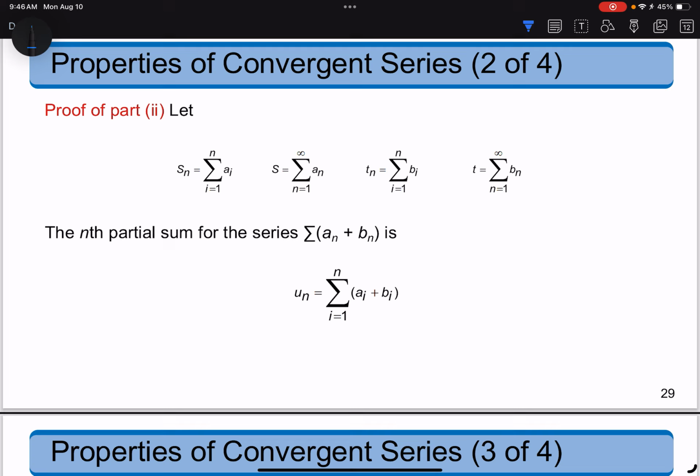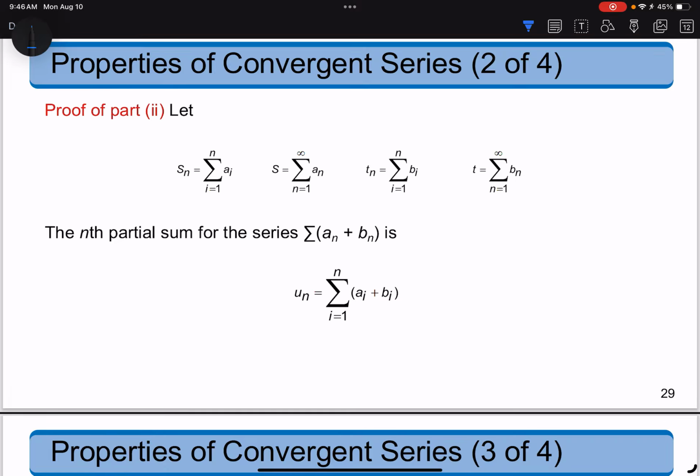So let us consider the proofs. Let s sub n be the sum of a sub i for i equal to 1 to n, and s the summation of a sub n for n equal to 1 to infinity. Let t sub n be the summation of b sub i for i equal to 1 to n, and t the summation of b sub n for n equal to 1 to infinity.